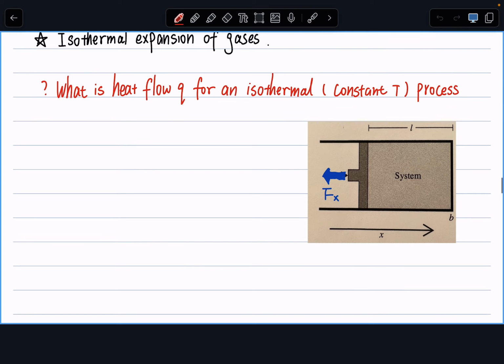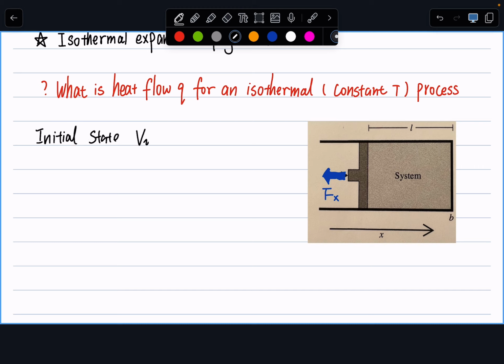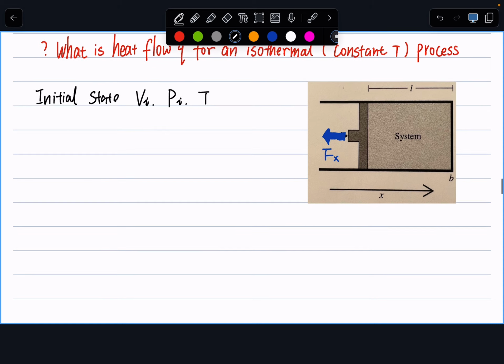In this process, we can set up the question so that our initial state is V initial, P initial, and some temperature T. And our final state is V final, P final, and again, the same temperature T. Let's focus on the isothermal expansion first.